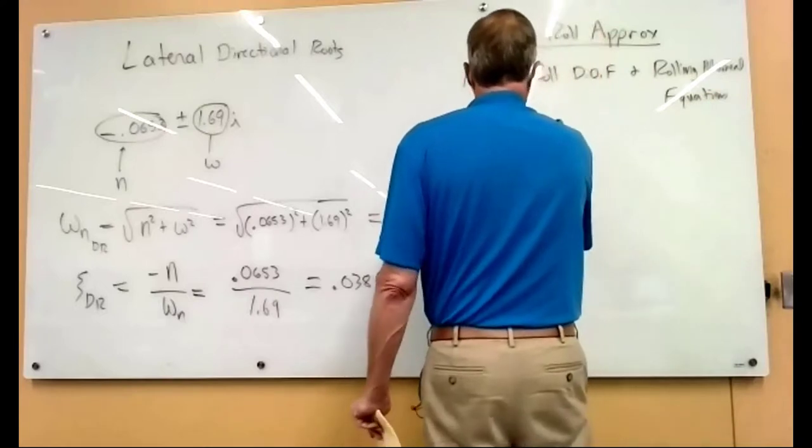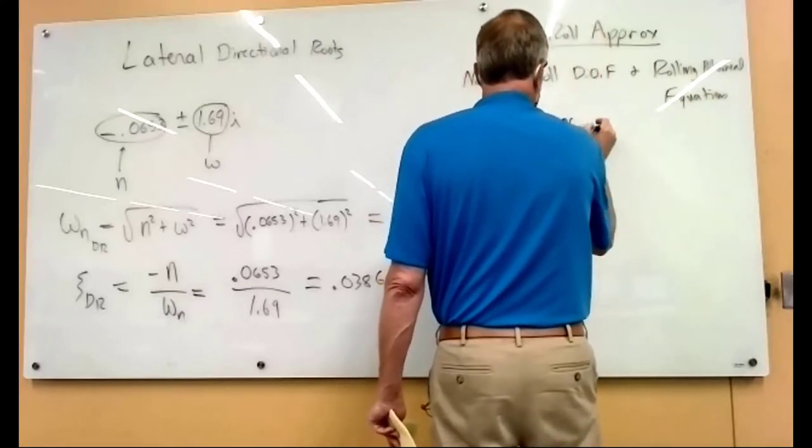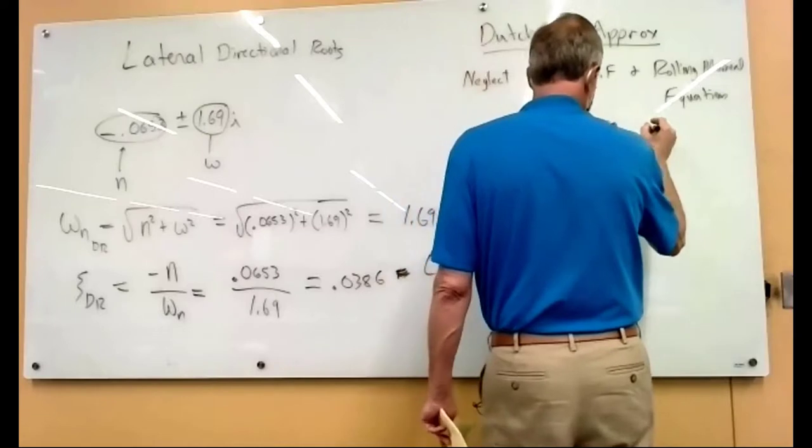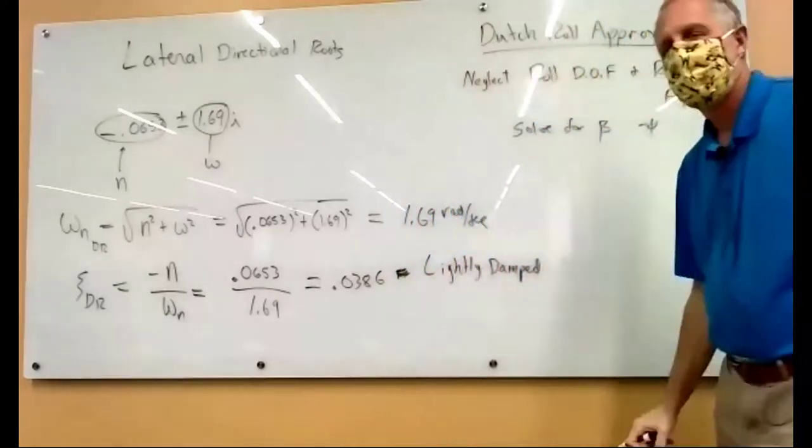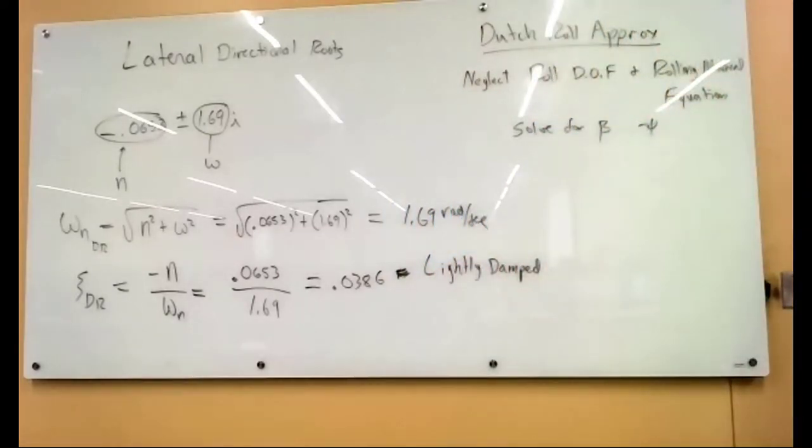So we're going to solve for beta and psi. Because it turns out the Dutch roll is mainly a side slipping and yawing kind of motion. And there is some bank angle to it, but as an approximation, we can do this.